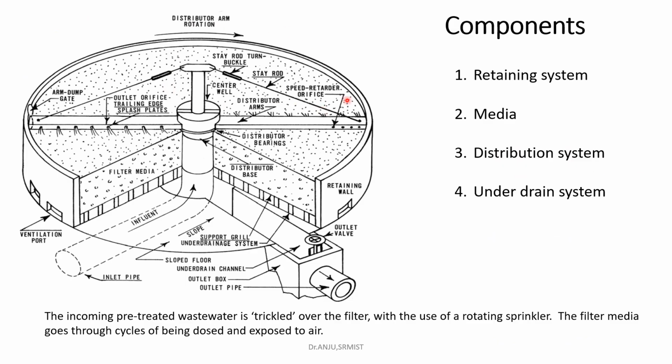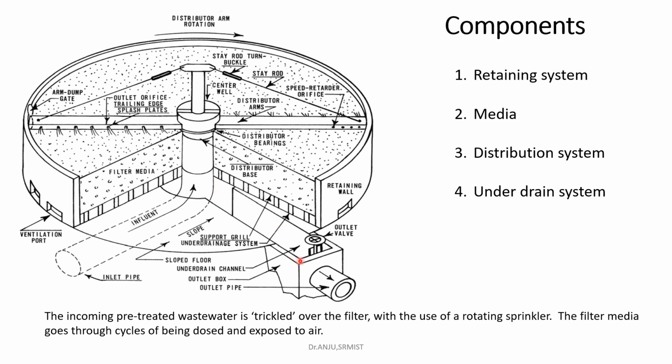If you see in the trickling filter, the main components are the retaining system, the tank where the process is carried out; the media, that is the filter media which is packed inside the tank; the distribution system, which distributes the wastewater on the filter media; and the under drain, by which the filtered effluent is collected.